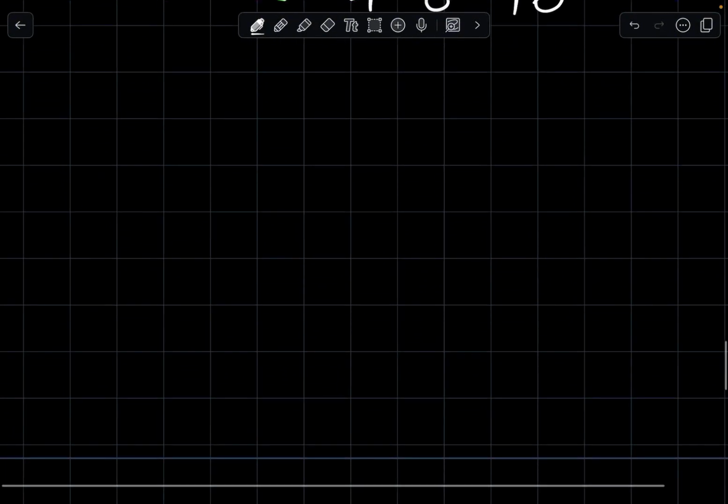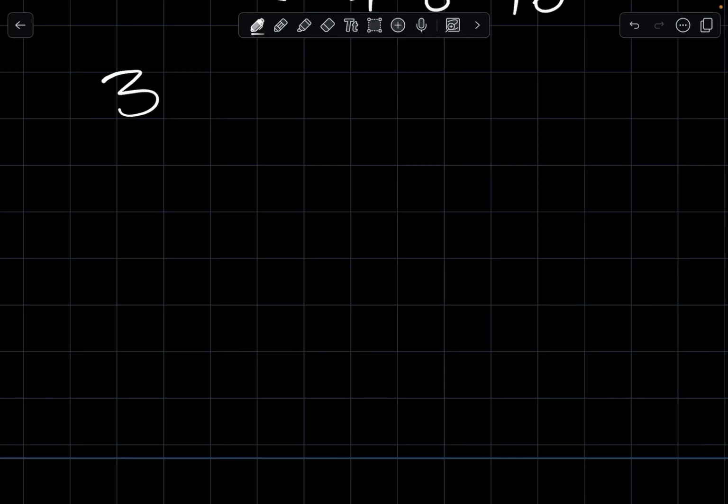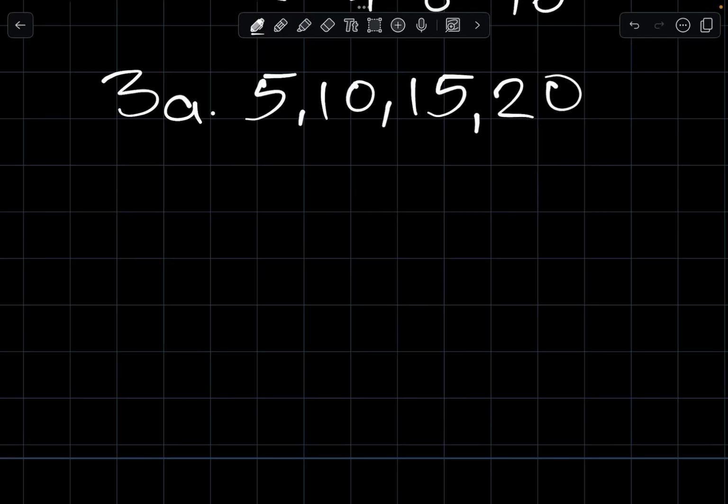Scroll down and start a new page at 3a. 3a is asking us to write each sequence using the general term u_n. So it gives us the sequence 5, 10, 15, 20. Simple arithmetic math. Our difference is going to be plus 5 each time. Our u_1 coefficient is just 5.